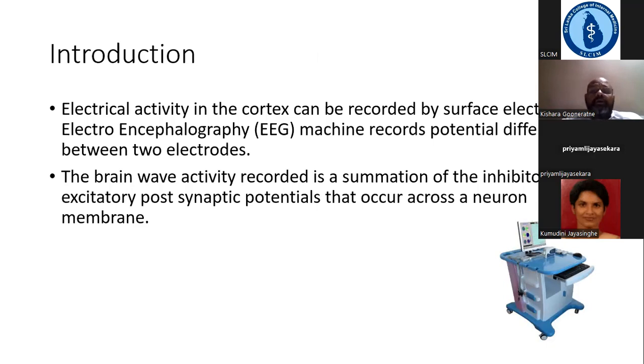What we record is actually the summation of both the inhibitory and excitatory, or the difference between inhibitory and excitatory postsynaptic potentials that occur across the neuronal membrane.